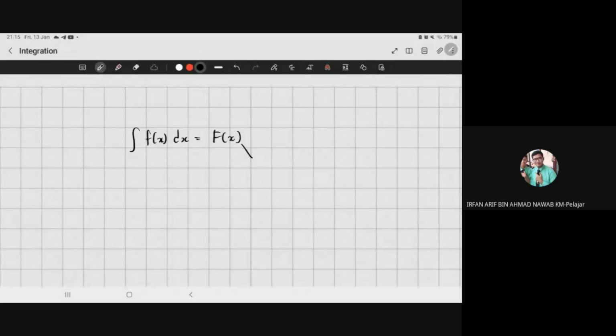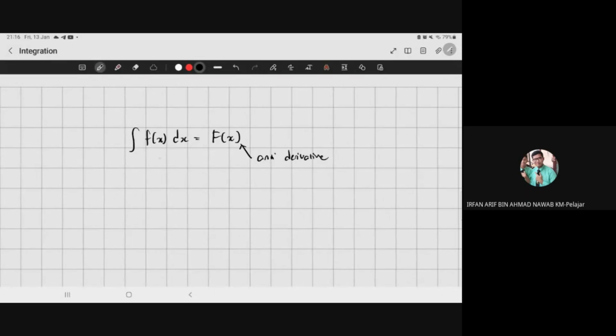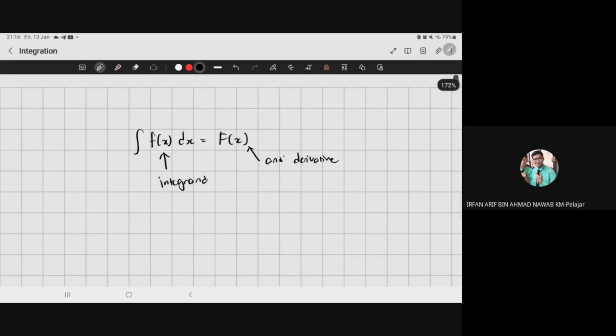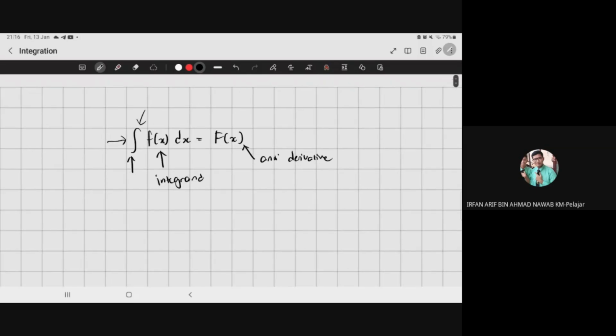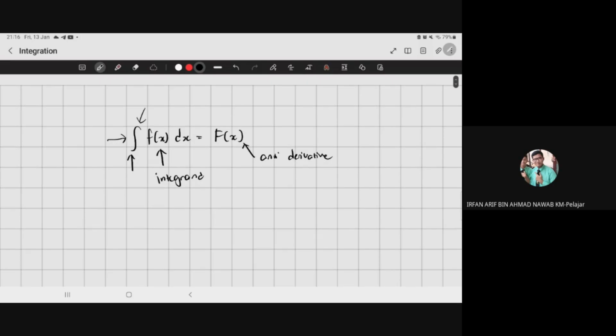This is the antiderivative. Here is your integrand. Here is your integral, your notation for integral. And then here's your lower limit, here's your upper limit. Those are the simple things that you need to know.